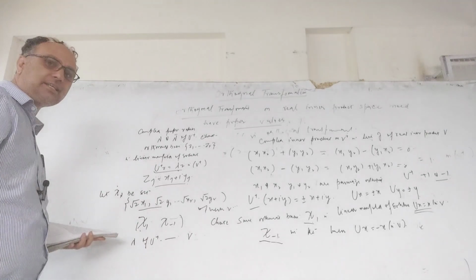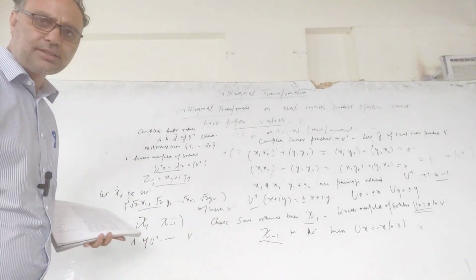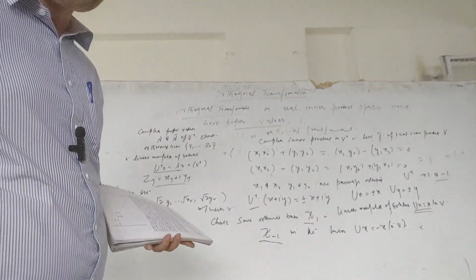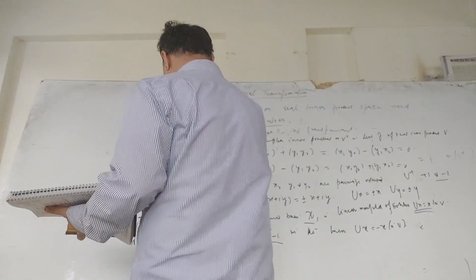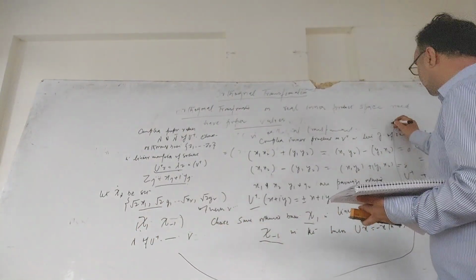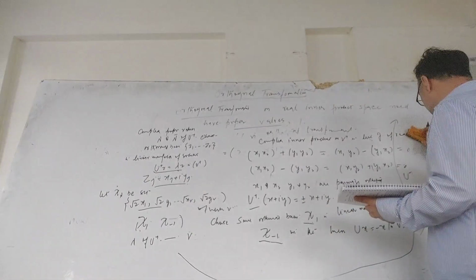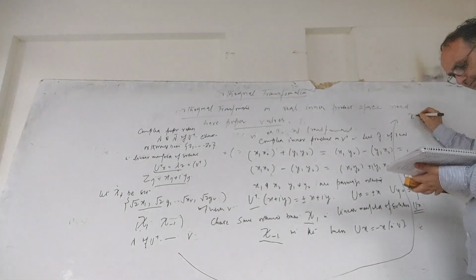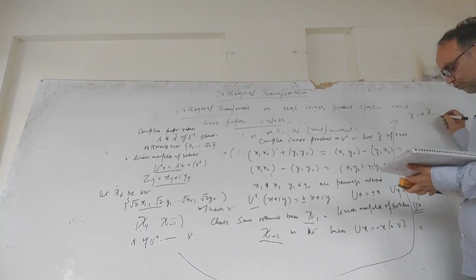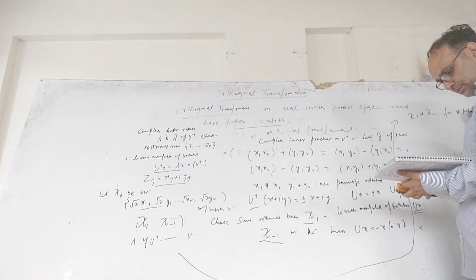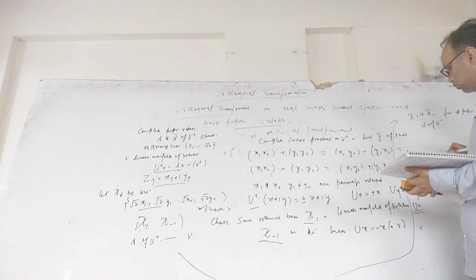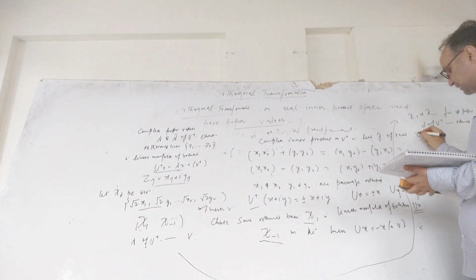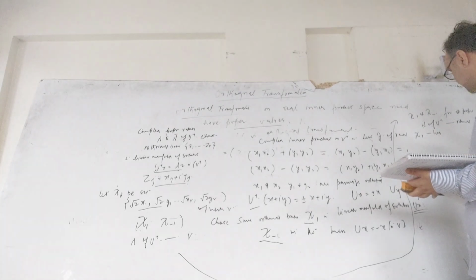So if chi1 and this are orthonormal for all proper values lambda of u plus, we obtain an orthonormal basis of V. This is a choice of example taken from the book.